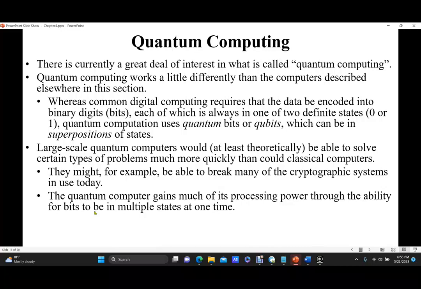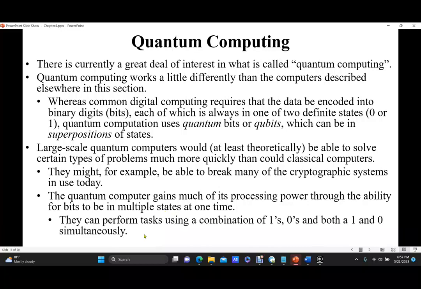A quantum computer derives much of its processing power through the ability of qubits to be in multiple states at the same time, a superposition of states. They can perform tasks simultaneously.